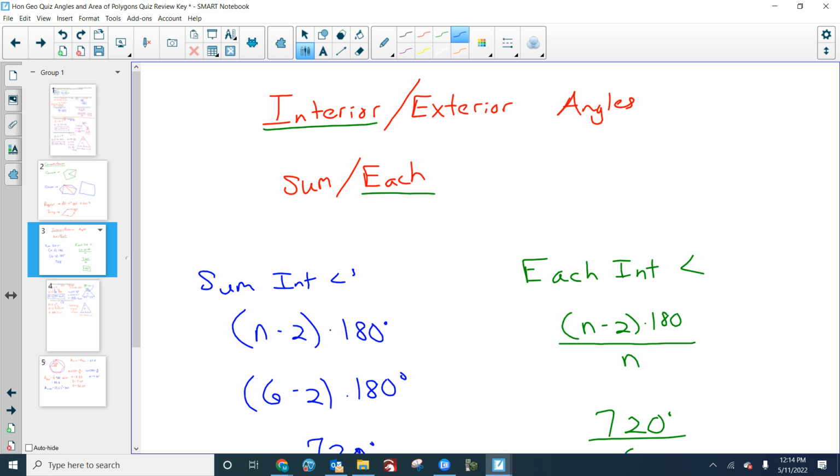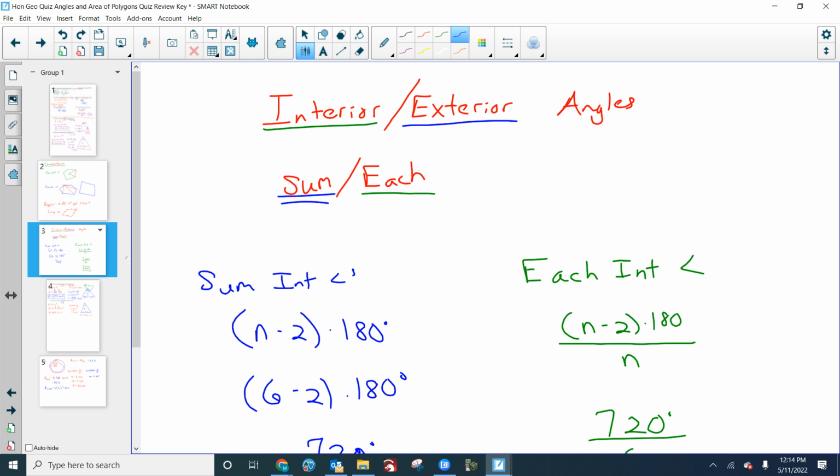Find the sum of the exterior angles of a convex 100-gon.